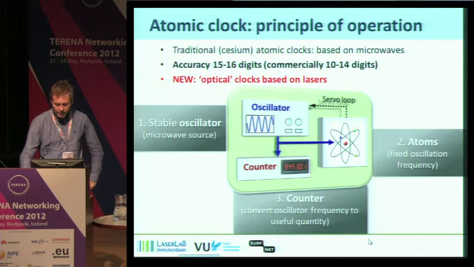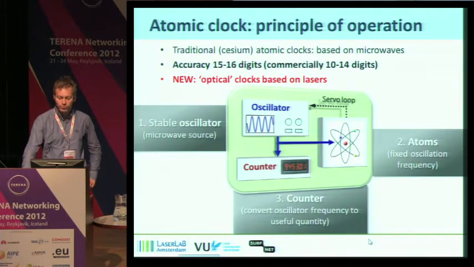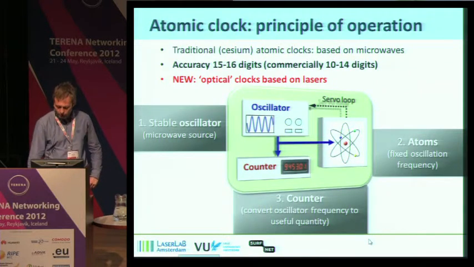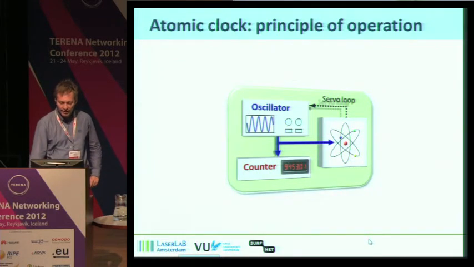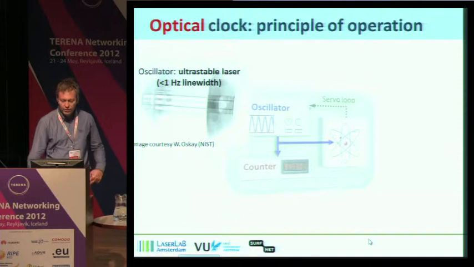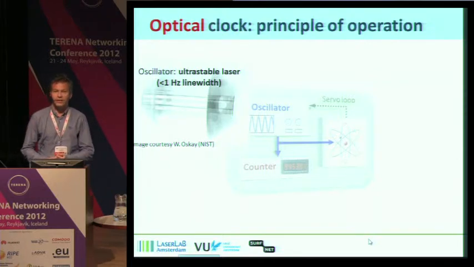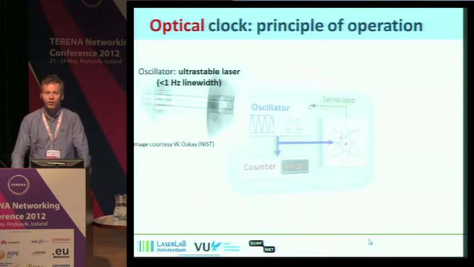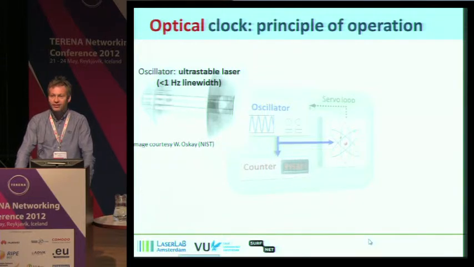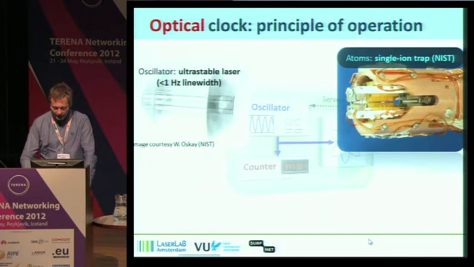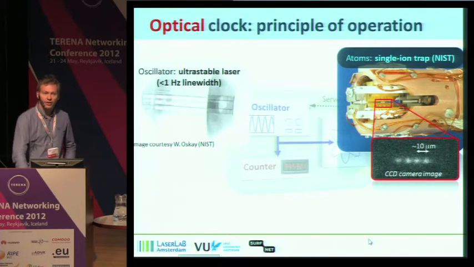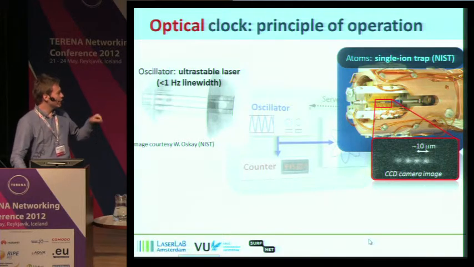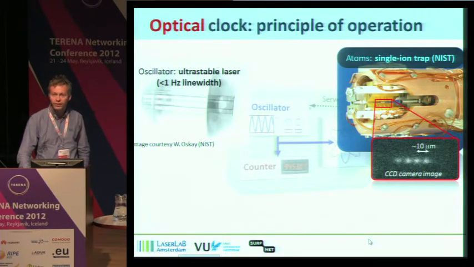Since about 10 years or so, there's a new generation of atomic clocks, the so-called optical atomic clocks, and they are based on lasers. In that case, the oscillator is an ultra-stable laser which has an astonishingly small line width of less than 1 hertz. You take a special device called an ion trap, in which you can trap single atoms. This picture on the right shows 4 individual atoms that are trapped.